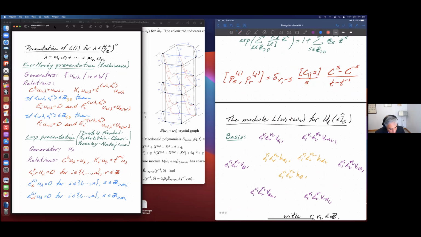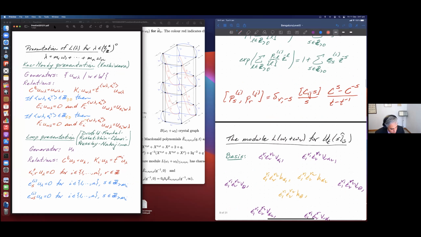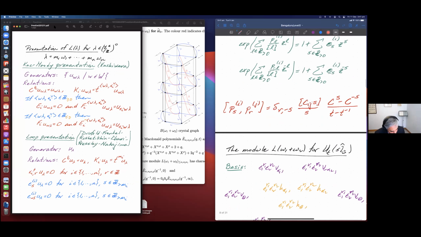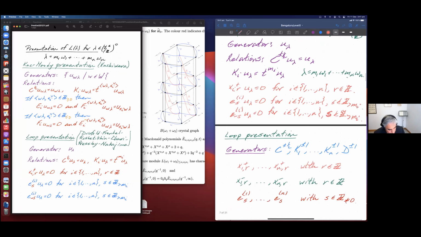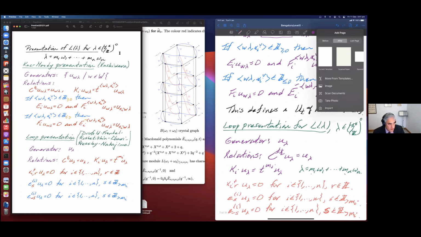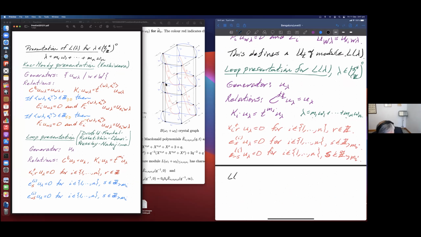Maybe I should actually write it out so that it doesn't go too fast. So this is the example of this picture that we are looking at here. So I'm going to write down L omega_1 plus omega_2 for U_T sl_3 hat.